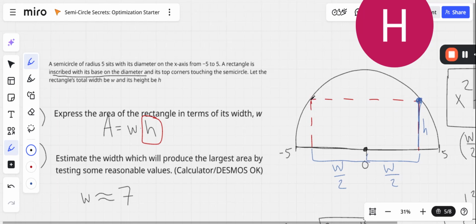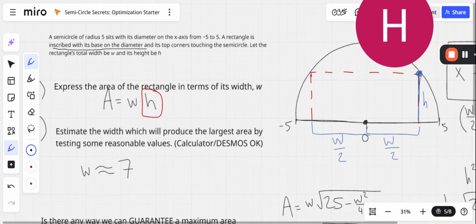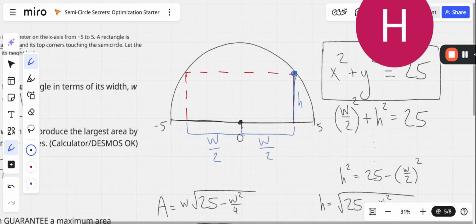The corners must hit the circle in order to keep the rectangle completely inside. And we use this constraint in order to represent an equation which involves two variables in terms of only one variable. We replaced the height with the width. We could have also replaced the width with the height using a very similar substitution.